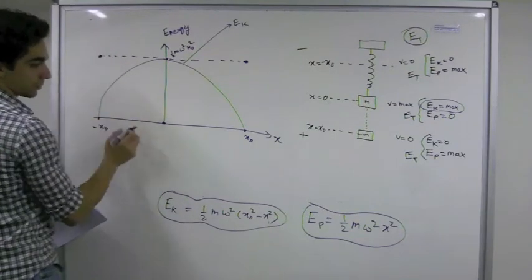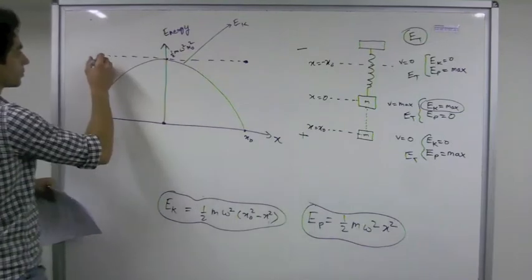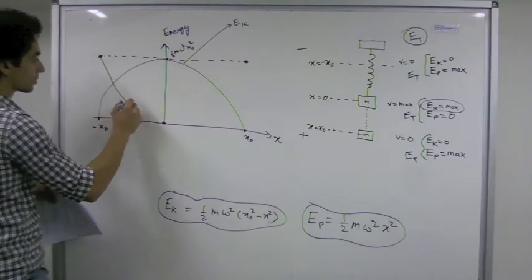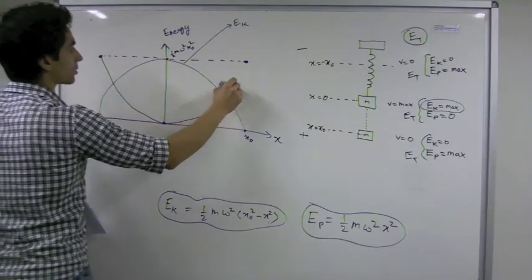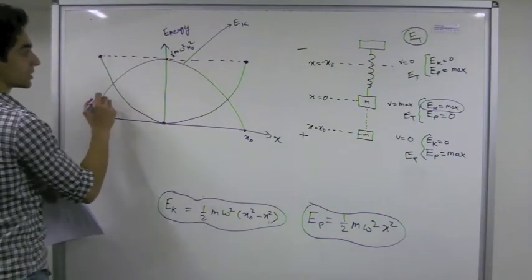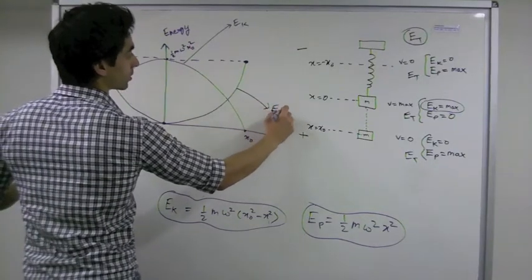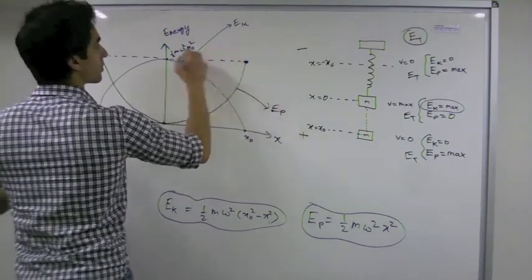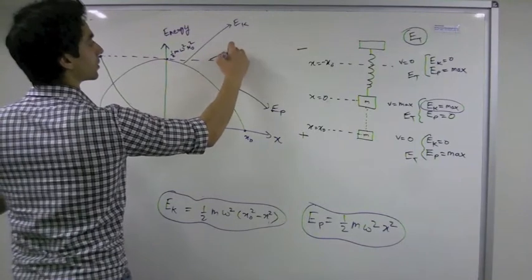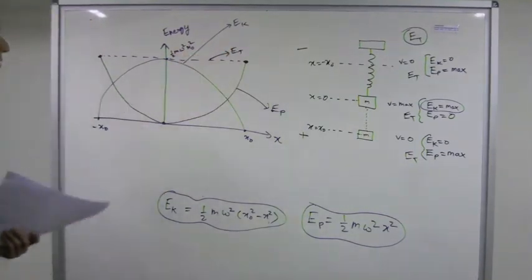Again, you can see that it is a quadratic curve, so it would be like that. At any one point, if you add up the potential energy and the kinetic energy, it should give the total energy, which is described by this line here, which is half m omega squared x naught squared.